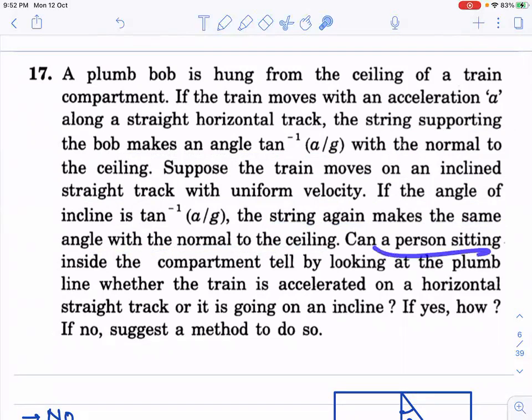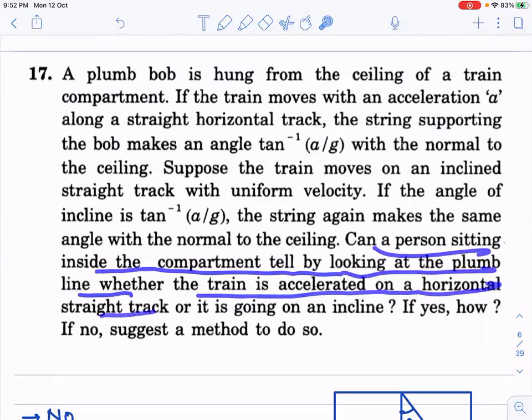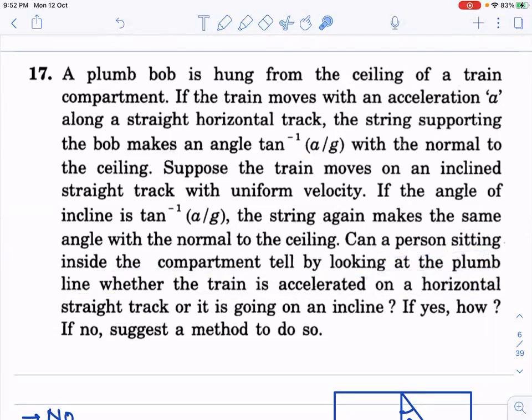Can a person sitting inside the compartment tell by looking at the plumb line whether the train is accelerated on the horizontal straight track or goes on an incline? If yes, how? If no, suggest the method to do so.